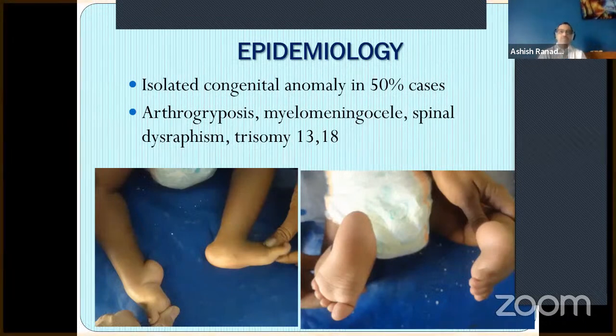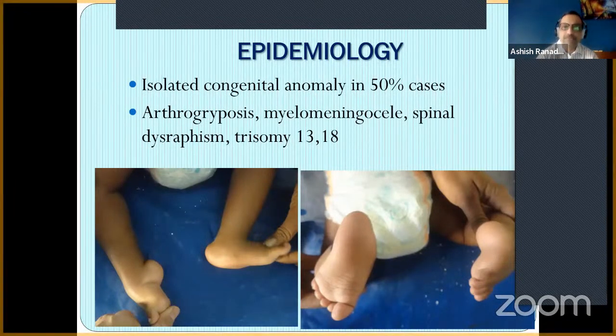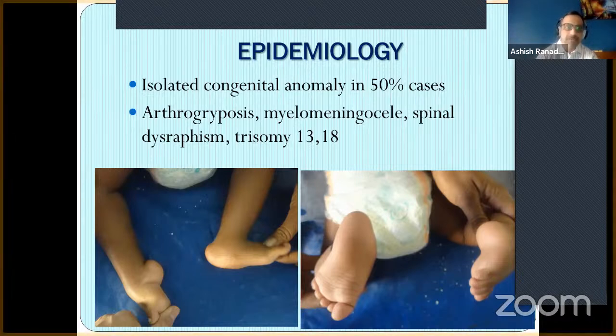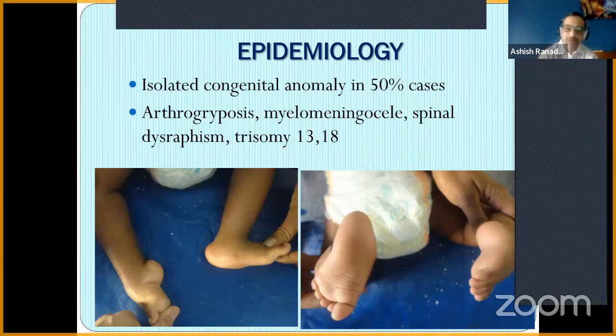So almost 50% of cases are isolated. But having said that, the other 50% have some associated neuromuscular anomaly or spinal dysraphism or arthrogryposis or some syndrome association. If you are seeing a child with congenital vertical talus, look for signs suggestive of distal arthrogryposis, myelomeningocele, spinal dysraphism, trisomy 13, 15, and 18.